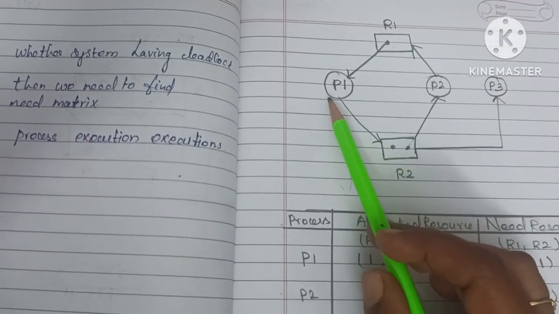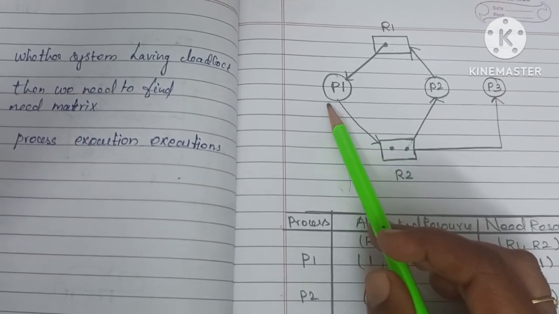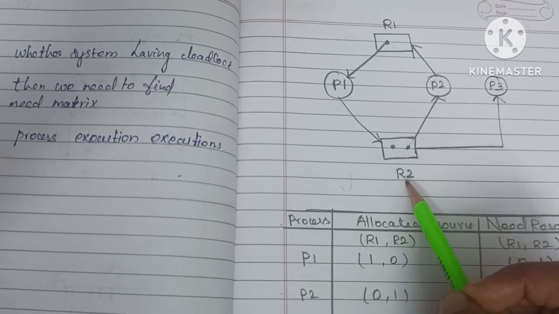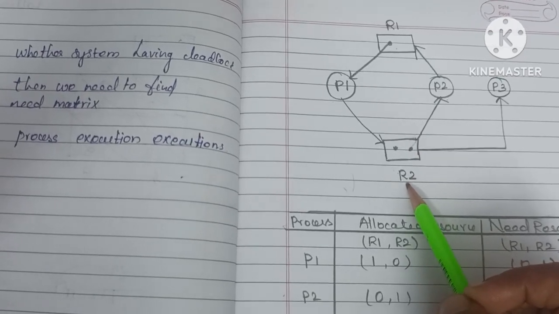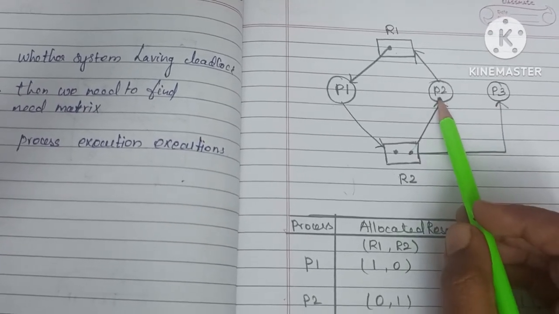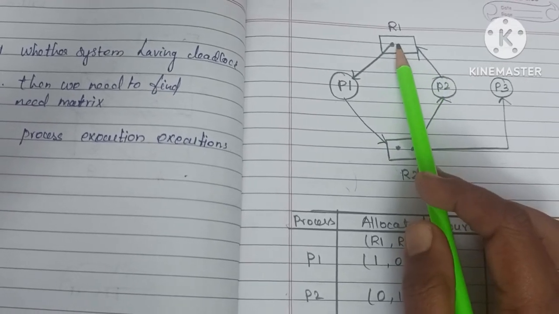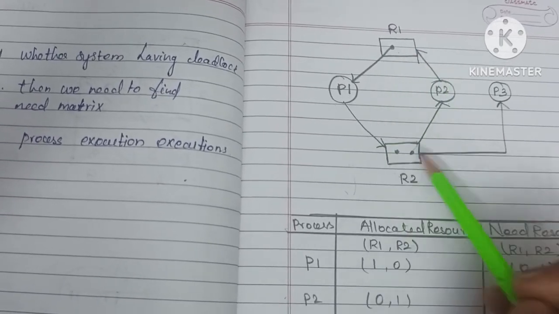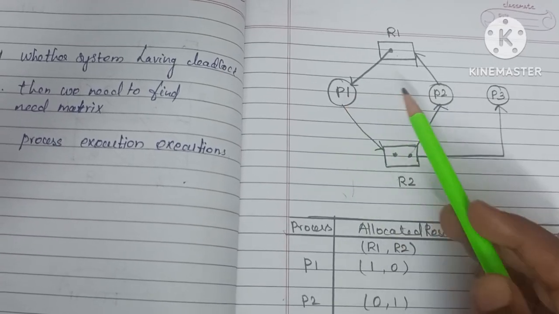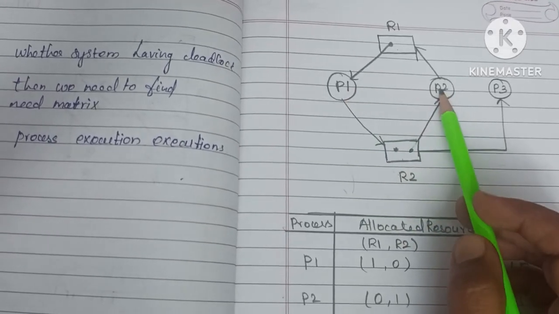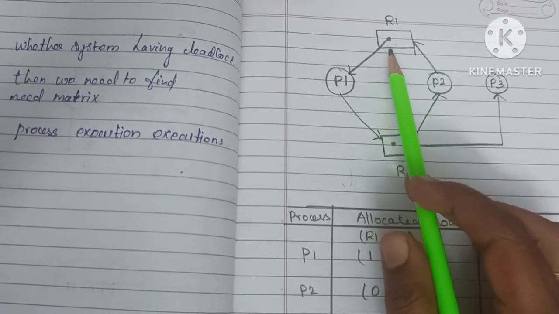Process P1 needs the resource R2 to complete its execution, and process P2 needs the resource R1. So this makes a cycle: P1 is waiting for R2 and P2 is waiting for the resource R1.